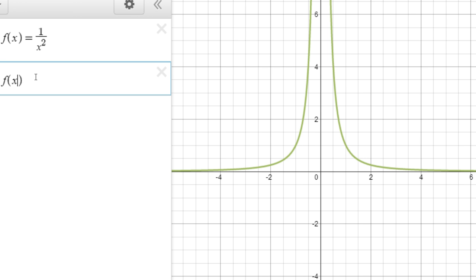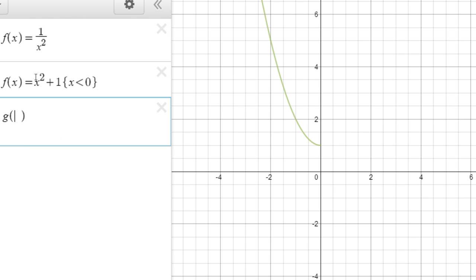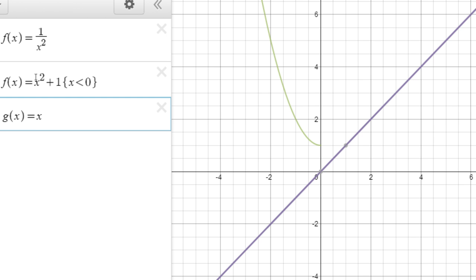Another type of discontinuity is piecewise. So we have x squared plus 1 when x is less than 0. There's one graph of it, and then down here, let's say g of x is equal to x when x is greater than or equal to 0.